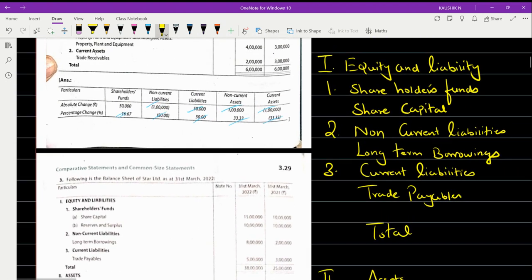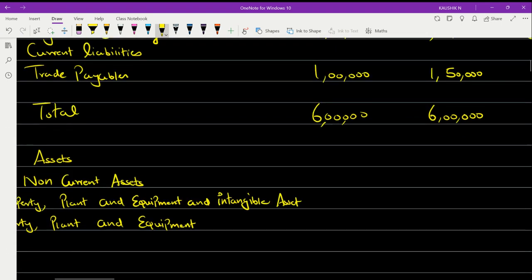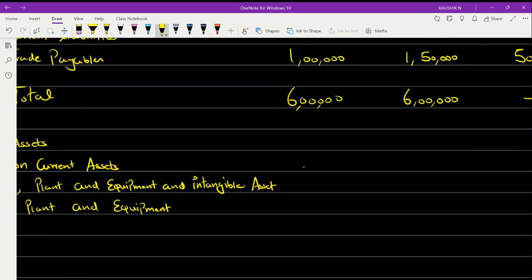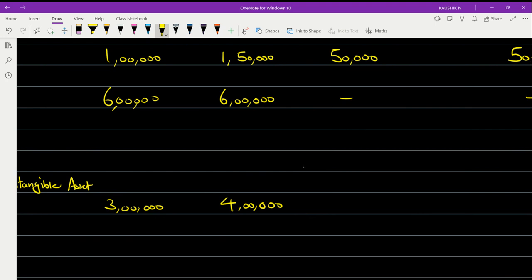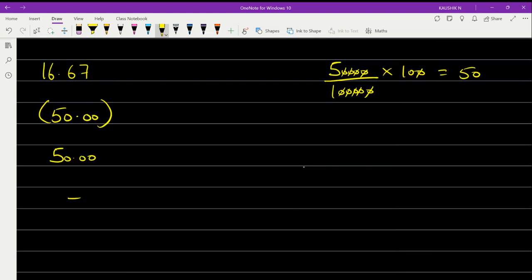So what is the value given for the current year? Current year is 4 lakhs. Previous year is 3 lakhs. So here, 3 lakhs, 4 lakhs. The difference will be 1 lakh rupees. Now 1 lakh should be divided by 3 lakh into 100.